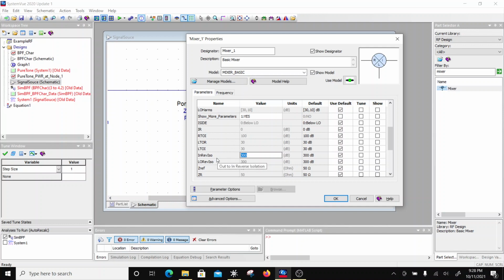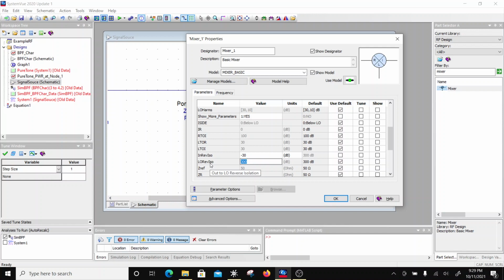If the isolation is minus 10, that means you are going to feed back the entire signal. If the forward gain is 10 and minus 10 is the isolation, whatever is going forward is coming back at the same power level. That will be the recipe for oscillations. So it should be at least 20 dB better than that. So I can specify something like minus 30 as a good reverse isolation because the gain is 10.